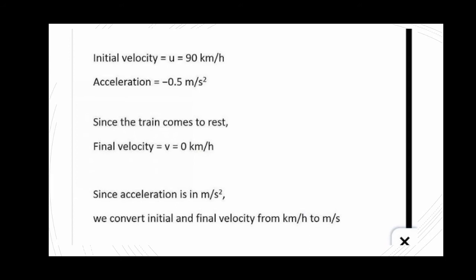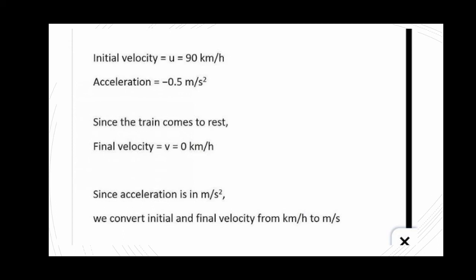Acceleration is equal to minus 0.5 meter per second square. Since the train comes to rest, that means it is applying brakes, so its final velocity v equals 0 km per hour.